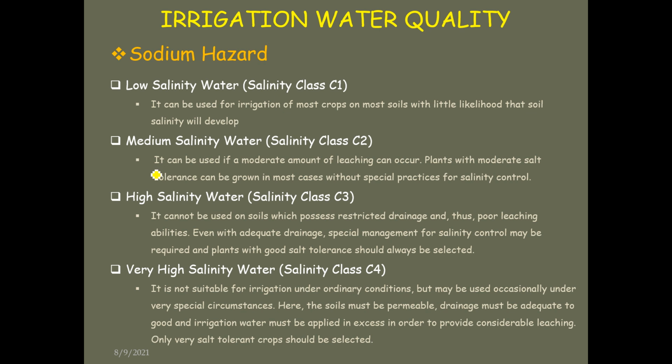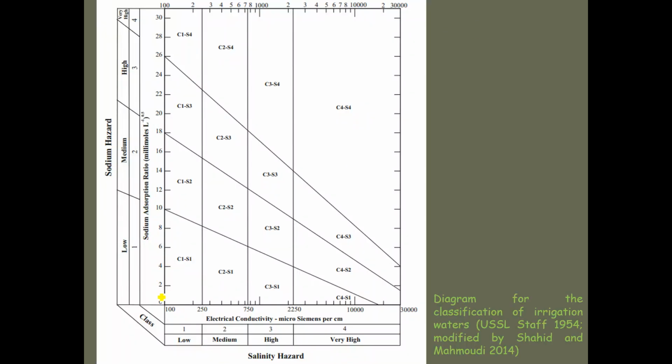Further, you can see low salinity water, medium salinity water, high salinity water, and very high salinity water. In this figure, you can see C1S1. S1 means low. One means low, two means medium, three means high, and four means very high, for both parameters.